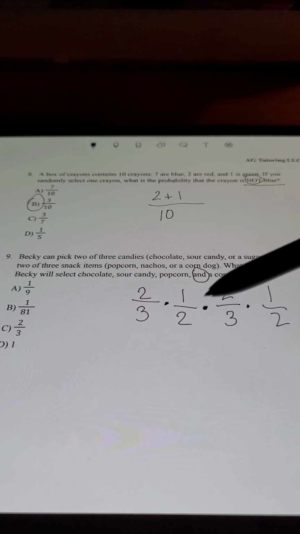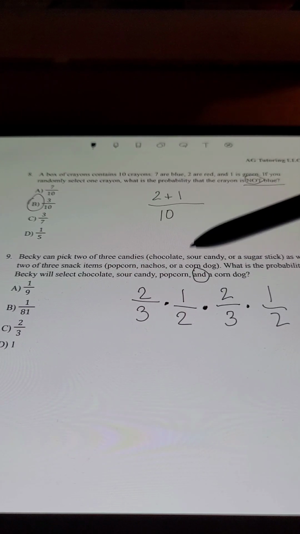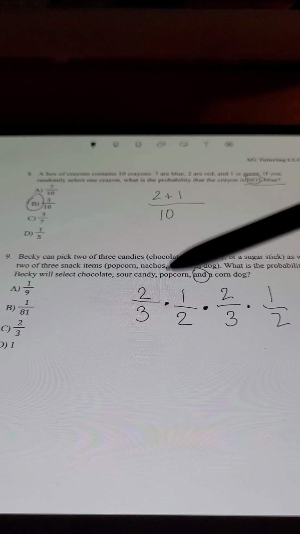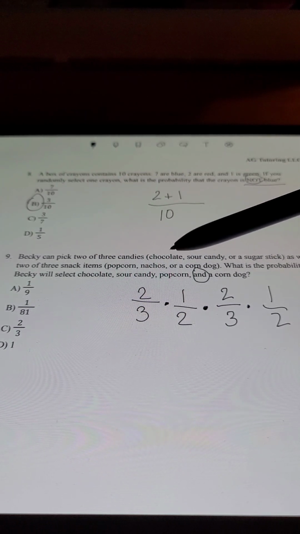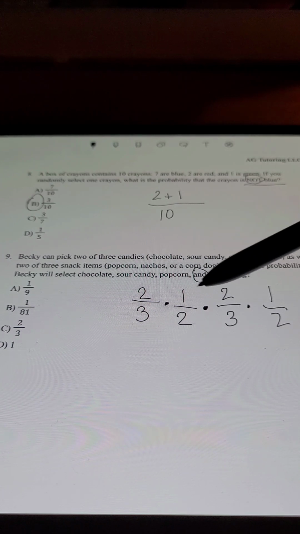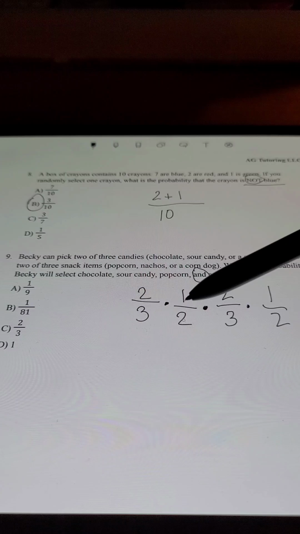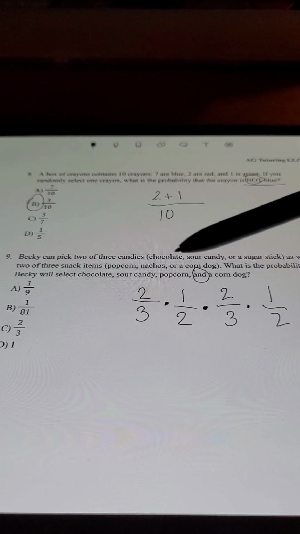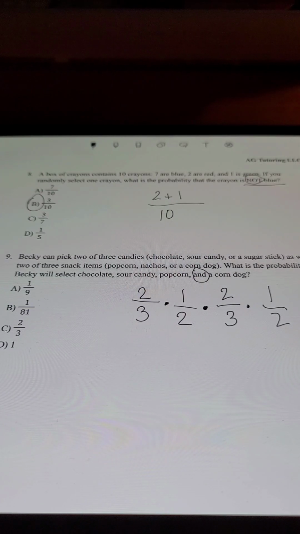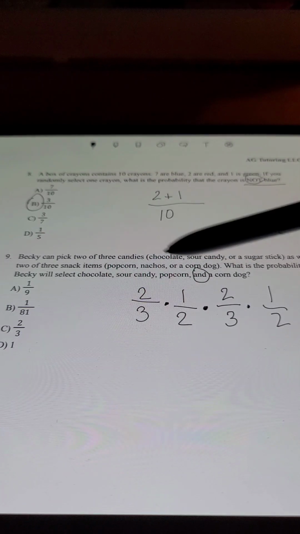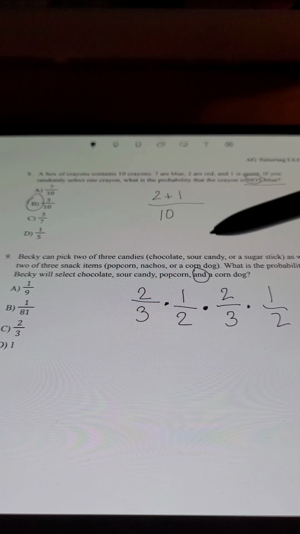So there's 2 total options left. And then let's say that they already picked either the chocolate or the sour candy. So now there's only 1 desirable option left. So the probability would be 1/2 for picking both of those candies for this first portion of the problem.